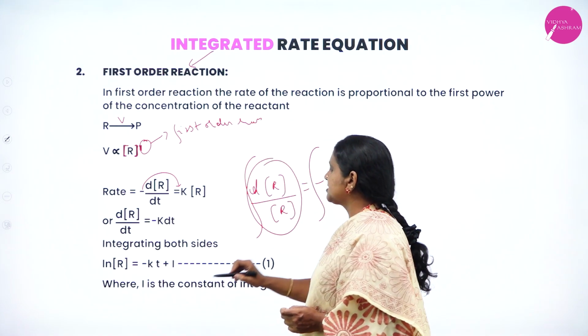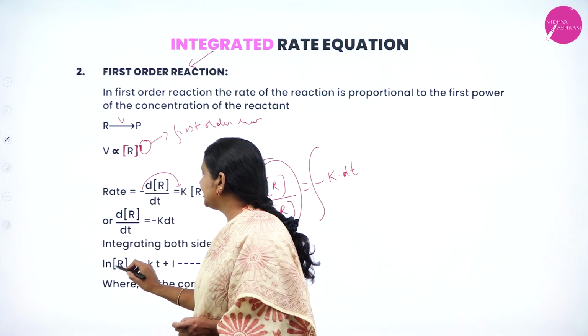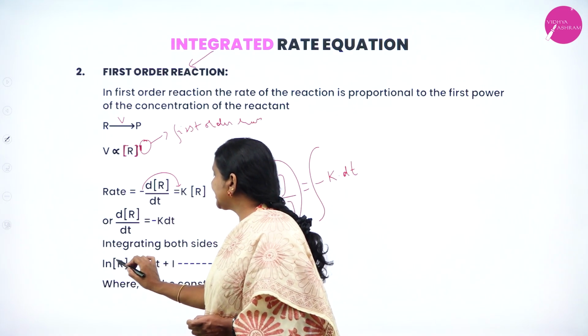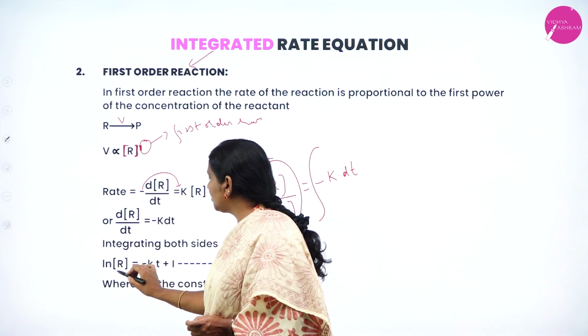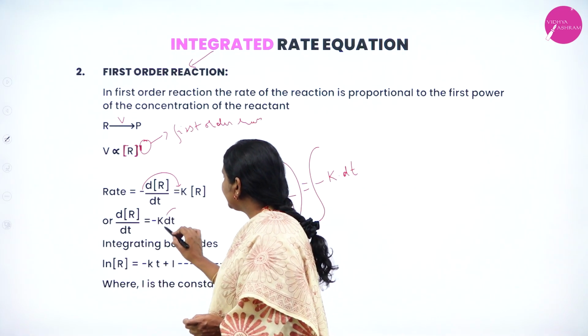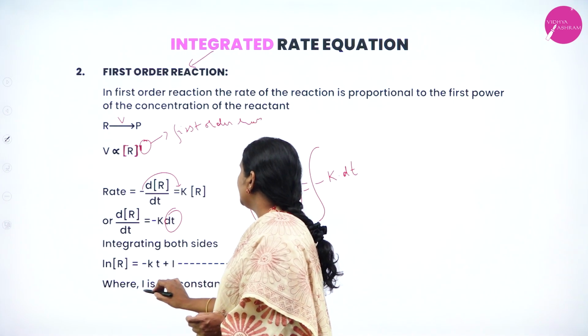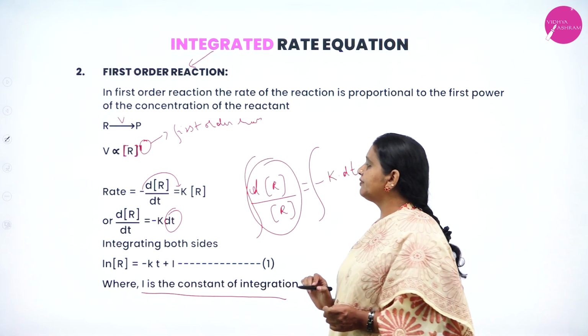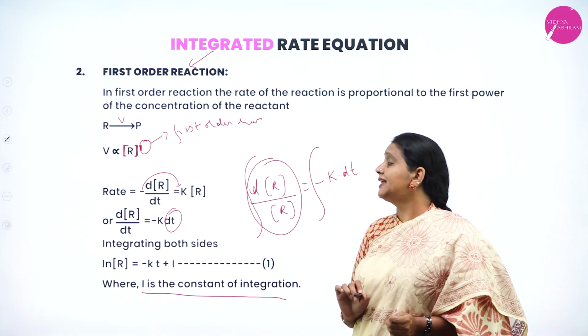The integral of this term is ln R, where ln means log natural, of the molar concentration of R, minus the integral of k dt, which is k t, plus I. I is called the constant of integration.